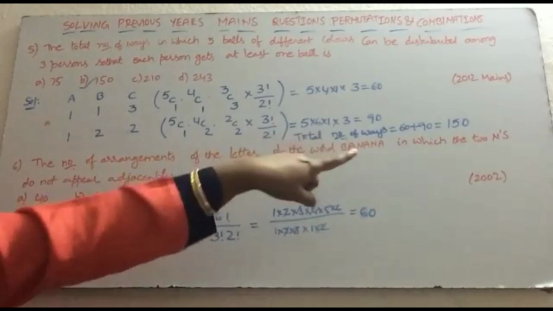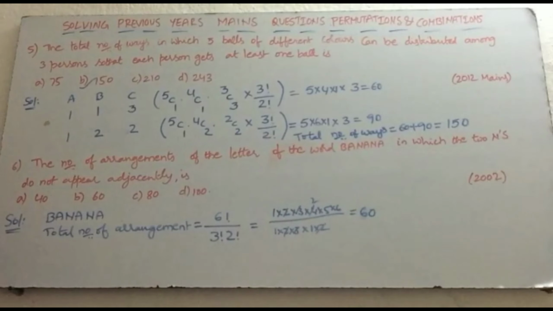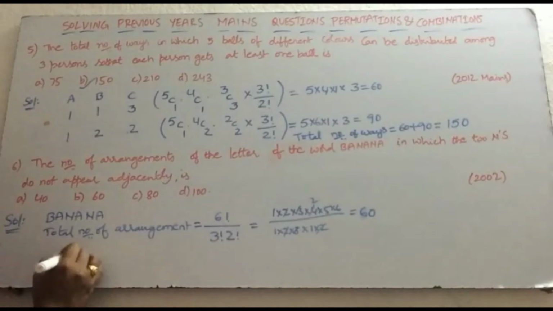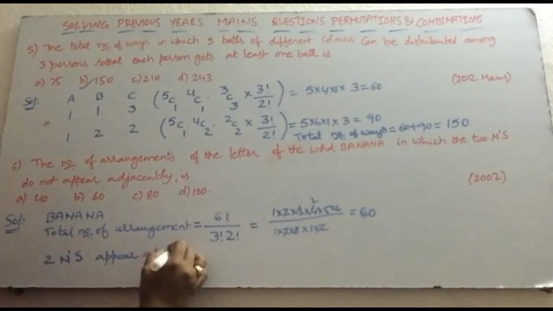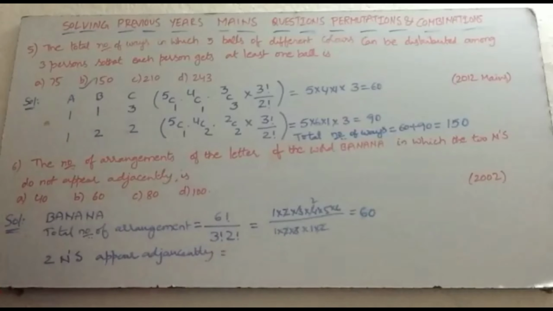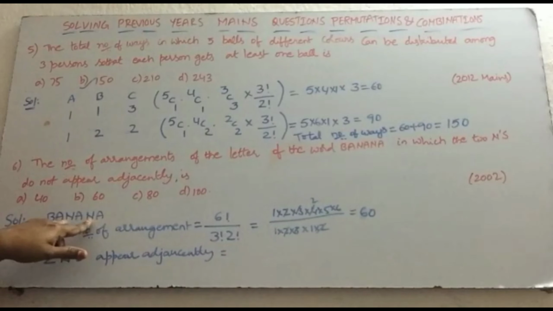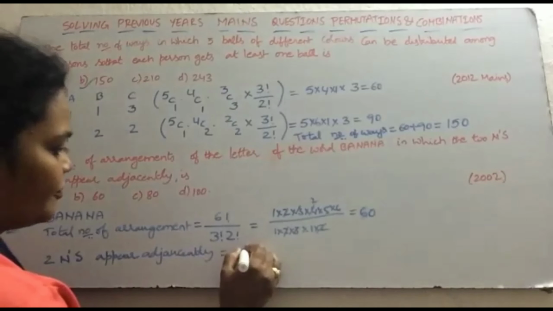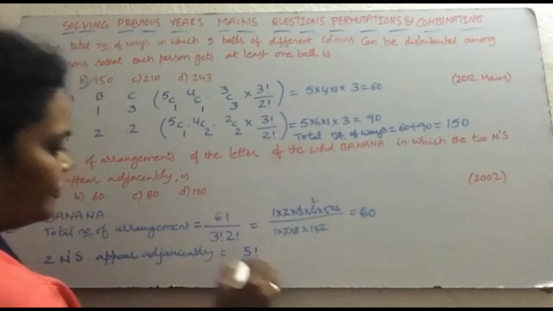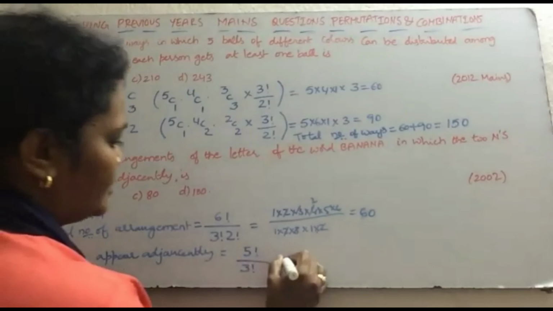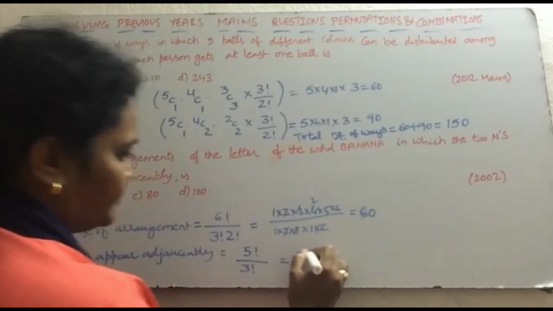When the 2 N's do not appear adjacent, we first find when the 2 N's appear adjacently. If the 2 N's are together, treat them as 1, so 1, 2, 3, 4, 5 units, that is 5 factorial by 3 factorial, that means 20.